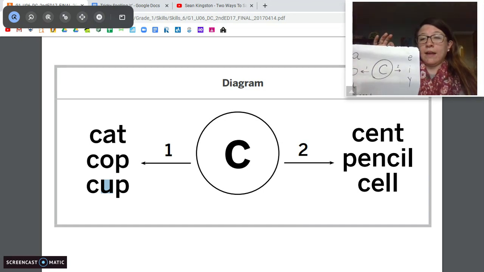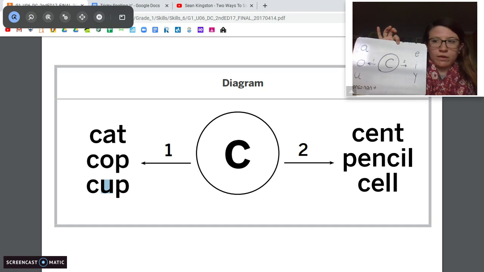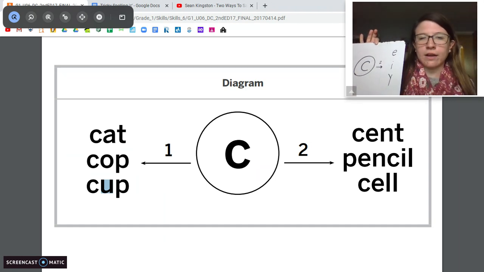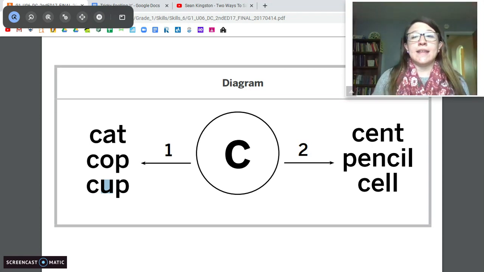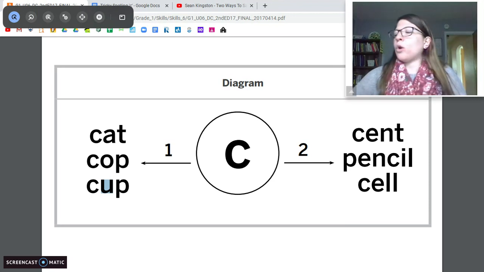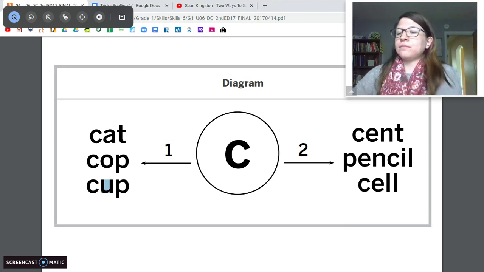These are the words we went over today. Don't worry about memorizing this, though. This might help you, but don't worry about it. Don't worry about it. The most important thing to know is that sometimes the C makes the K sound, sometimes it makes the S sound, but the K sound is most common. So try that first.